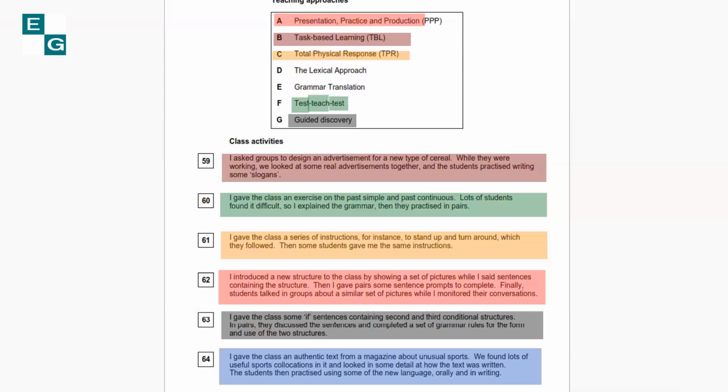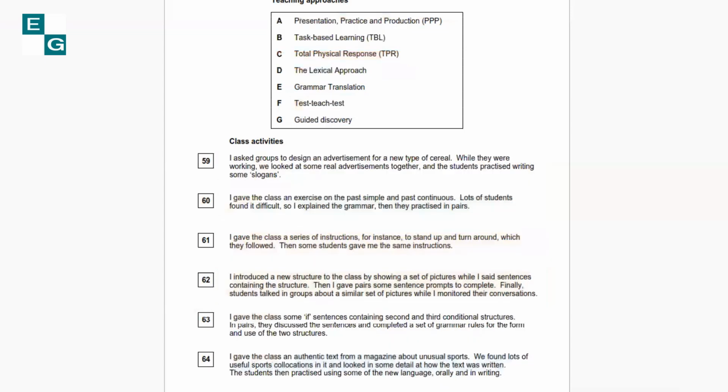The students then practiced using some of the new language orally and in writing. So if you give them a text or base your lesson on vocabulary, you're going to be using the lexical approach. So the one not used in this exercise was the grammar translation method.